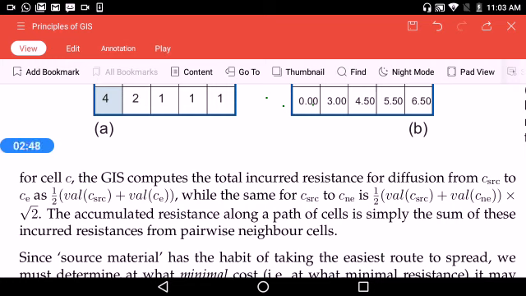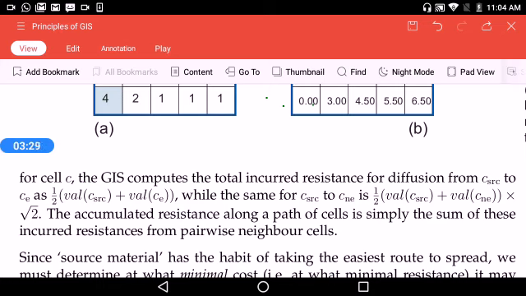So you can see that the resistance is calculated by taking the value at each cell, adding them and dividing it by 2, and also multiplying it by the distance between the two cells. And hence in case of CSRC to CE, we have half of val CSRC plus val of CE, whereas from CSRC to CNE, that means the northeast cell, we have half of val CSRC plus val of CNE multiplied by the distance, that is √2.